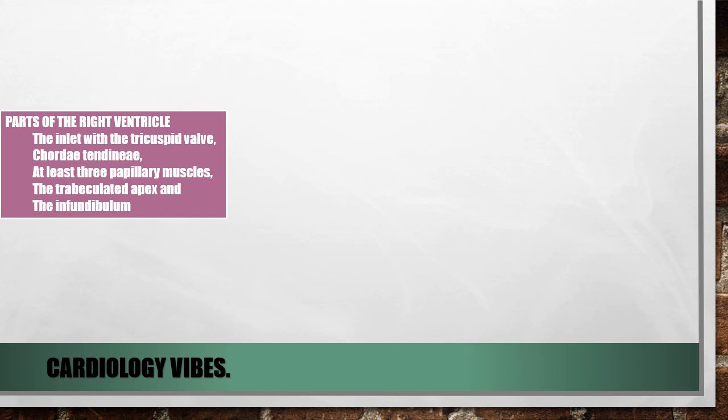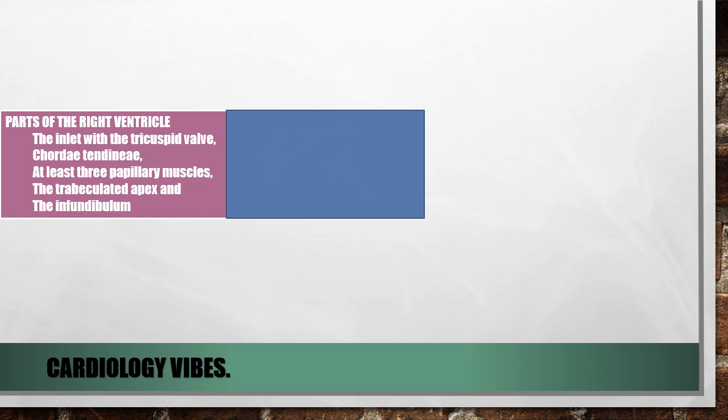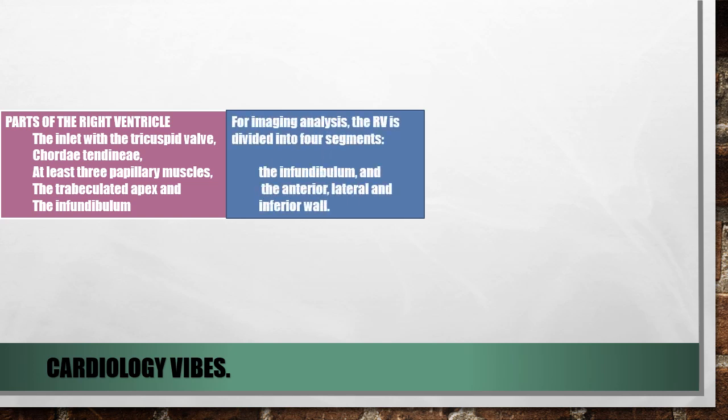Anatomically, the right ventricle can be divided into 5 parts: the inlet with the tricuspid valve, chordae tendineae, at least 3 papillary muscles, the trabeculated apex and the infundibulum. From the imaging perspective, the right ventricle is divided into 4 segments: the infundibulum and the anterior, lateral and inferior walls.